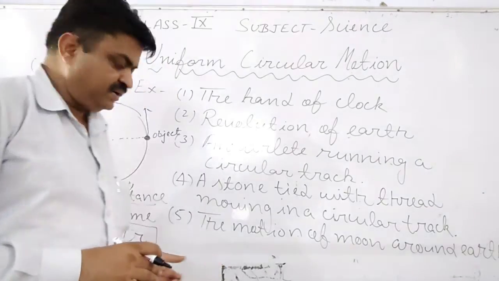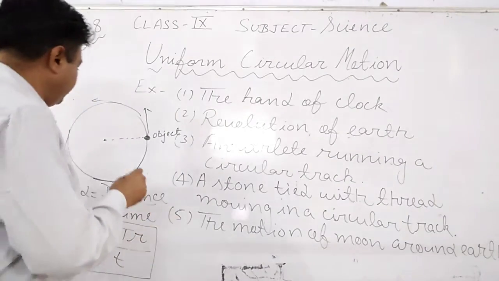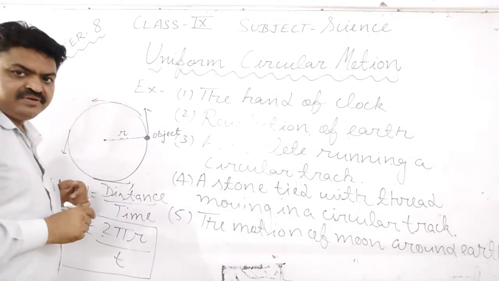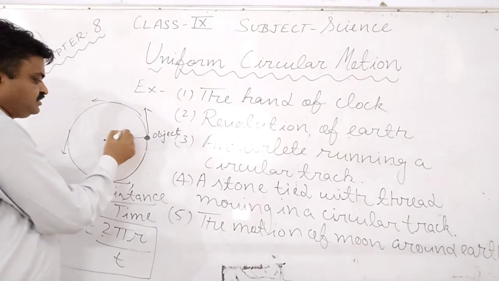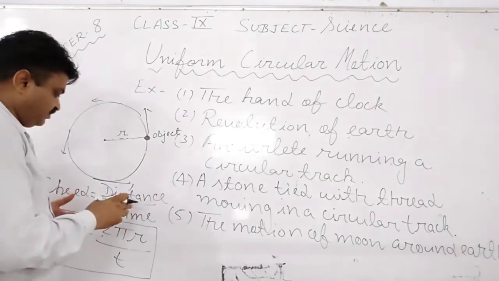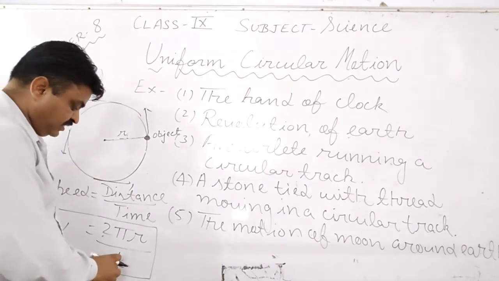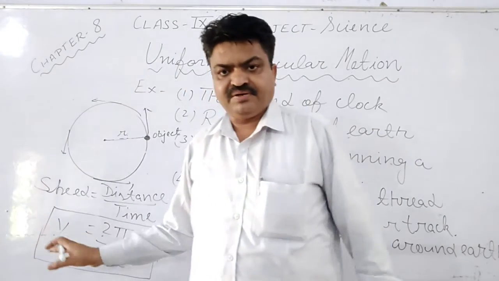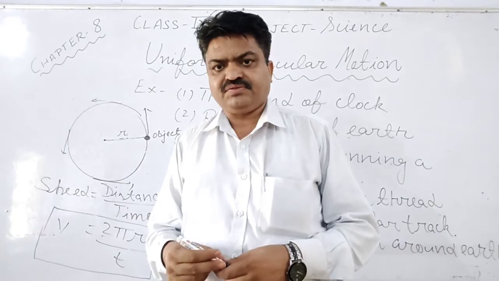And what is r here? This is the radius of the circular track. So if we know the radius and the time, then we can easily get the speed in case of uniform circular motion.